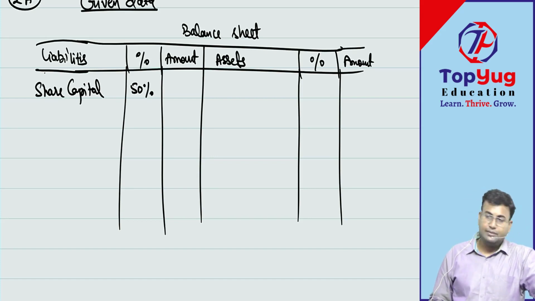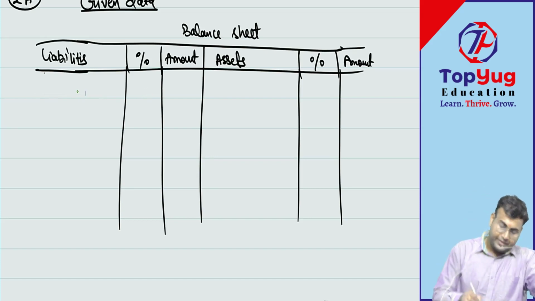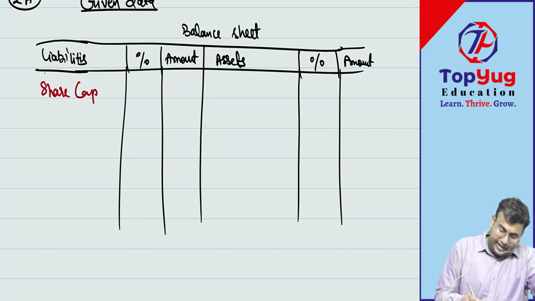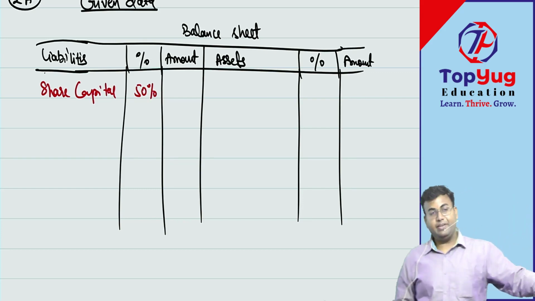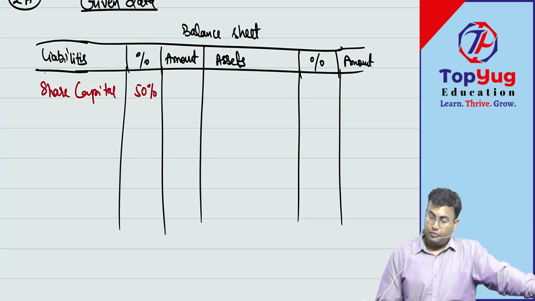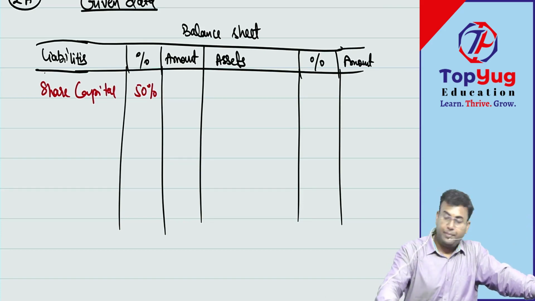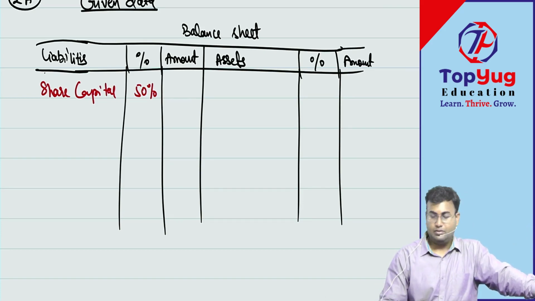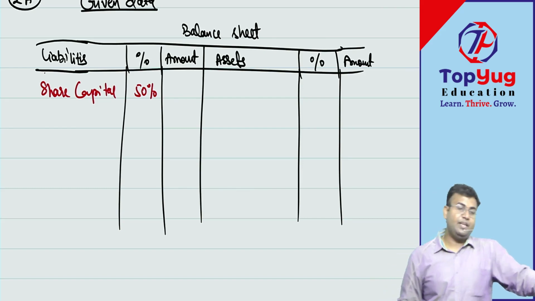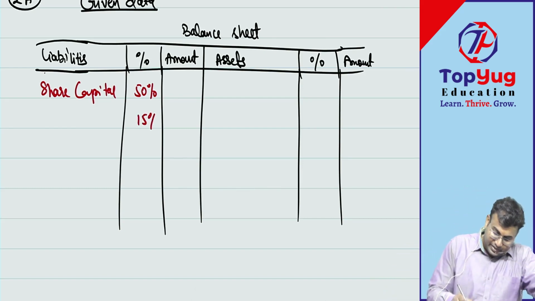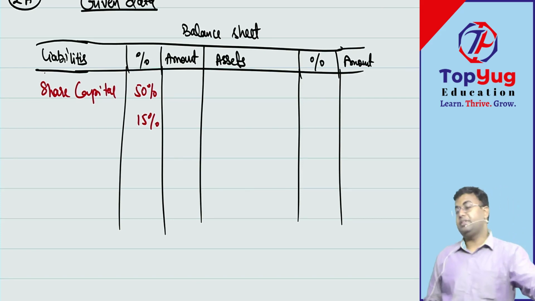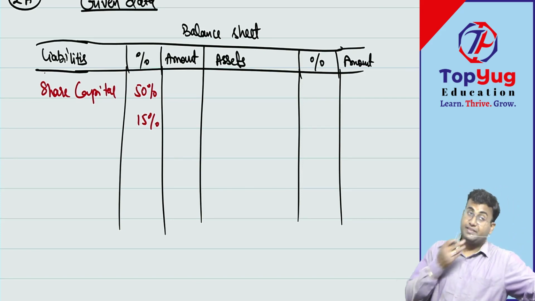Other shareholders fund is 15%. Now go back to your balance sheet which is given in the question. Would you be able to see any preference share capital there? No. What does it mean? 15% he says there is something else. So that is other shareholders fund.